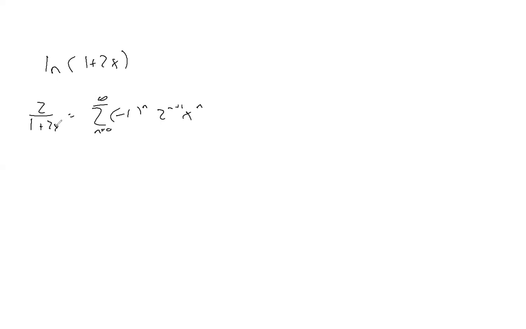Okay, I know the power series for this thing. This is the integral of this, so I should just be able to integrate this to get a power series here. We have this equality on, well, again, I don't know the endpoints.